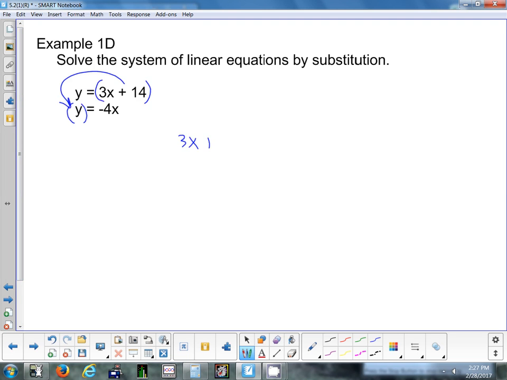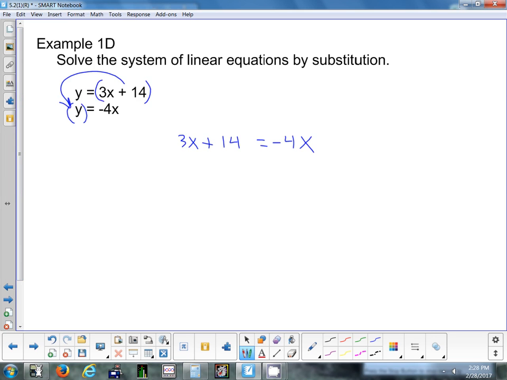Yep, 3x plus 14 equals -4x. So when both equations are equal to y, like this, pick what's on one side and then plug that in for y. How many people had an equation something like this? If you had -4x equals 3x plus 14, that's okay too.